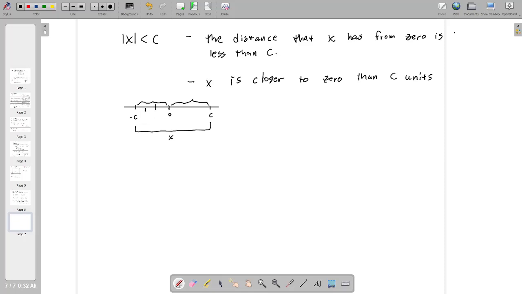It could be here, it could be here, it could be here, but it's within c units of 0. Now, algebraically, what that says is that x is less than c, because it's to the left of c, and x is greater than negative c, because it's to the right of negative c. So x is between negative c and c, so x has to be greater than negative c and less than c.